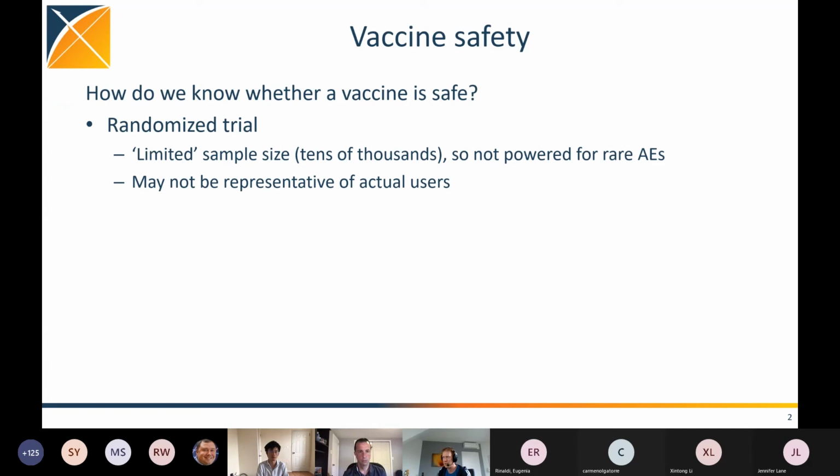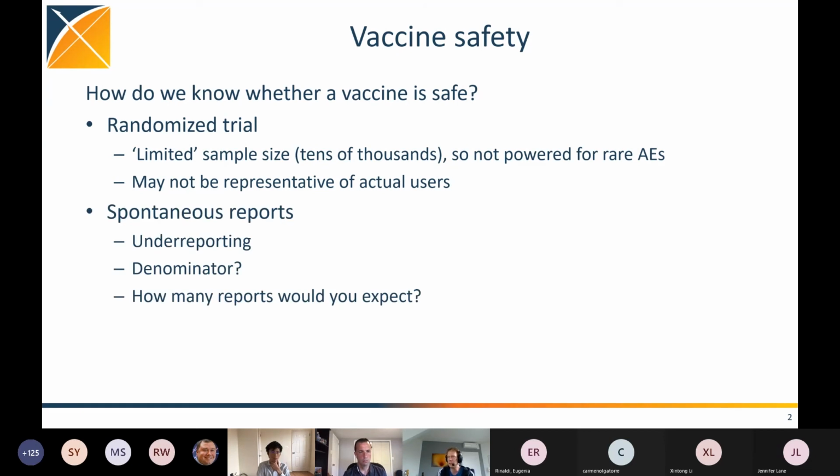But some of these adverse events that people are interested in are actually like 1 in 100,000, and then you might not actually see a single one of them in your large trial. Also, these trials may not be representative of the actual users. There are lots of people being excluded from these trials that would actually benefit from the vaccine later on.